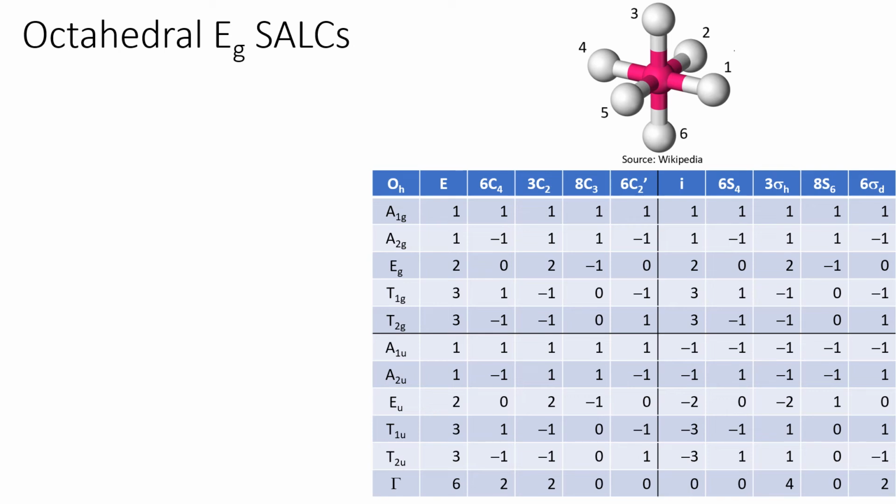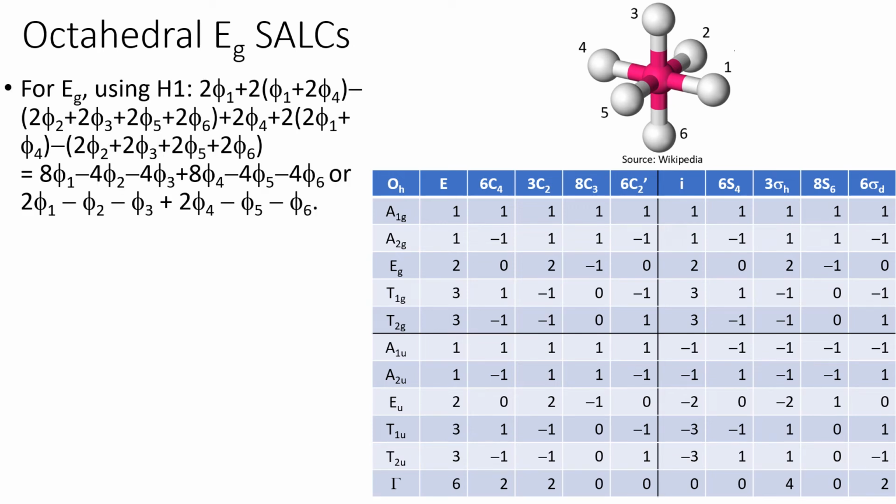Now we can go through the same process for the Eg symmetry adapted linear combination. So again, going through this slightly tiresome process of starting with hydrogen atom H1, we find the row Eg in the character table. So we can see it starts 2 phi 1, where the identity hasn't moved the phi 1 atom, and we multiply it by 2 because that's the character for the identity operation.